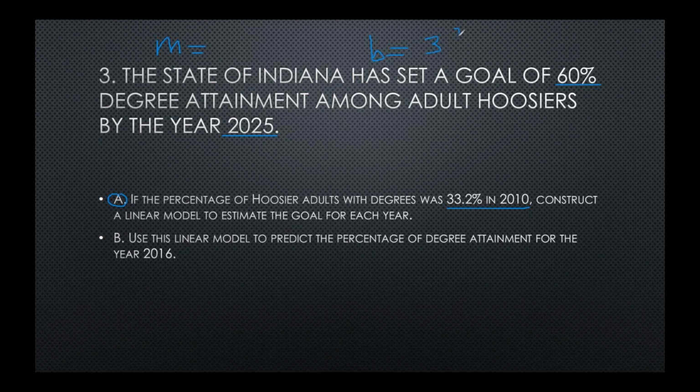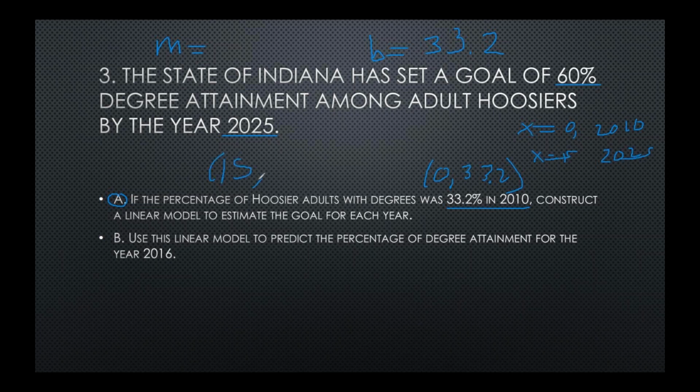Yes, the y-intercept is 33.2 because when you're looking at your ordered pairs, 2010 is the earliest year. So x is going to be 0 for the year 2010. So there's 0, 33.2. Yep. So this other one, 2025 would be an x equals 15.